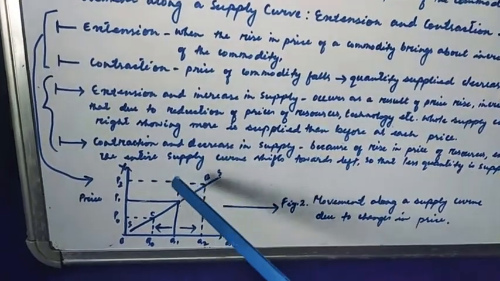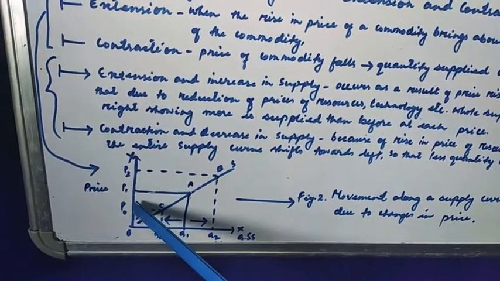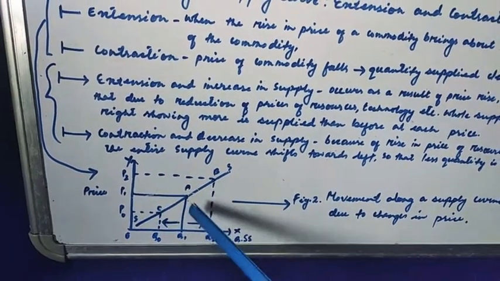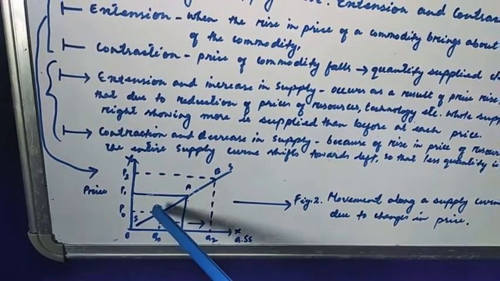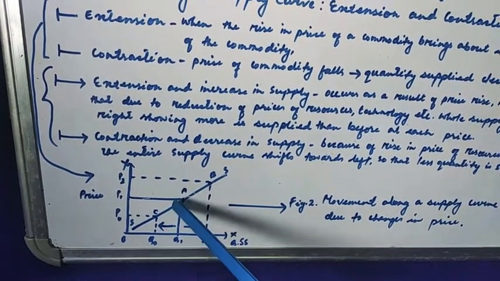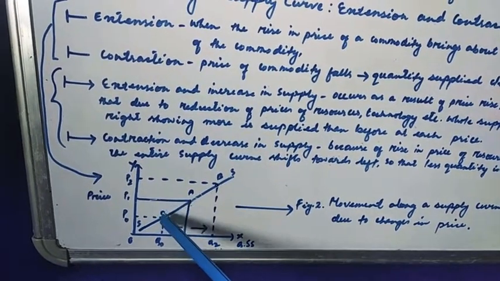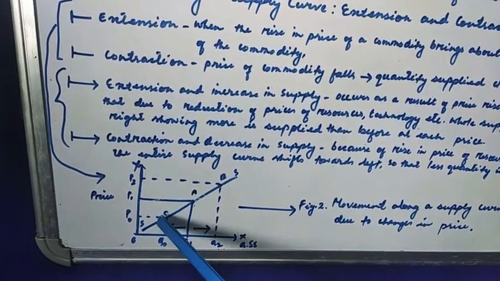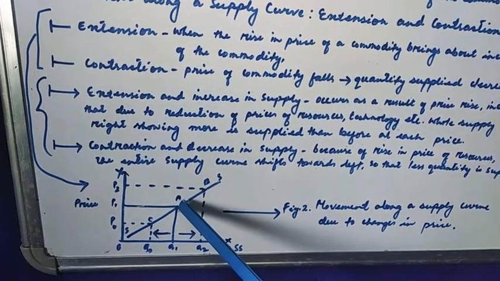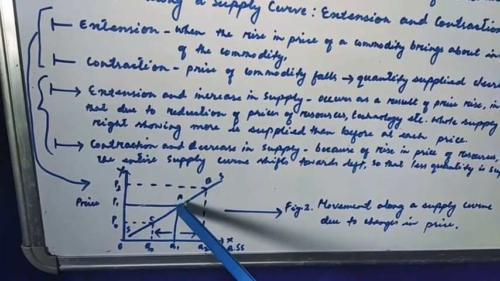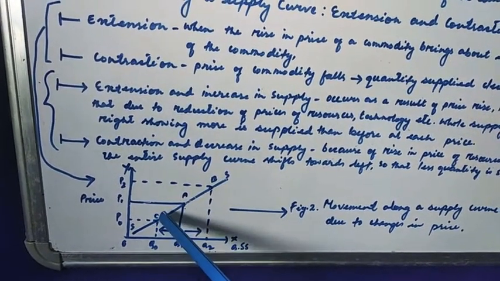Another situation is price has fallen from P1 to P0. What will happen to the quantity supplied? Quantity supplied will reduce from Q1 to Q0 at point C. So we are moving leftward from A to C, moving downwards towards the left of the supply curve.